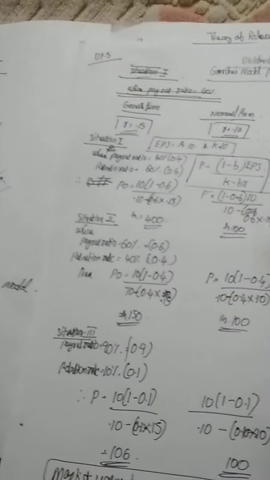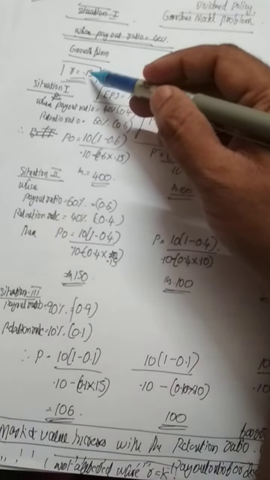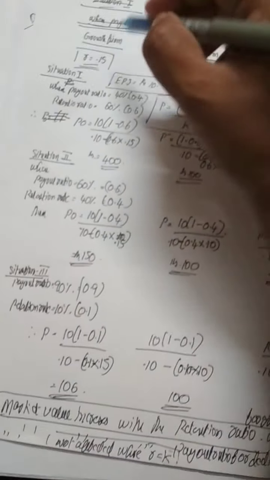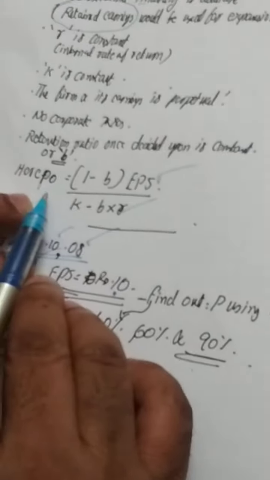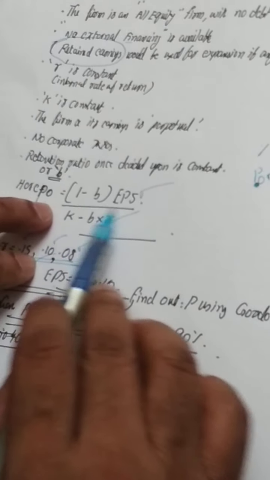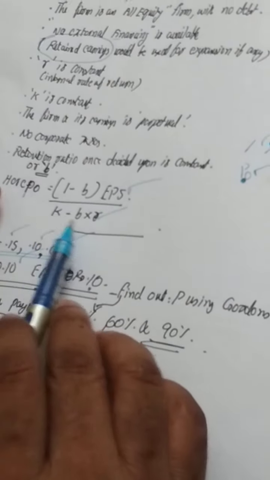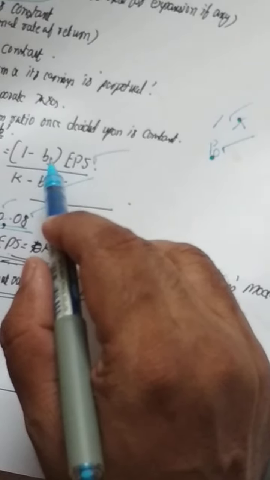If we take this problem, let us check the first case. R is equal to 0.15, which means growth firms. What is the equation? The present market value of share P is 1 minus B into EPS divided by K minus BR. So the thing which we have to find out indirectly is B. B is retention.